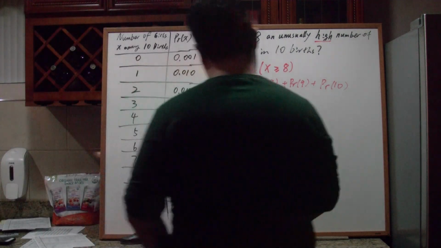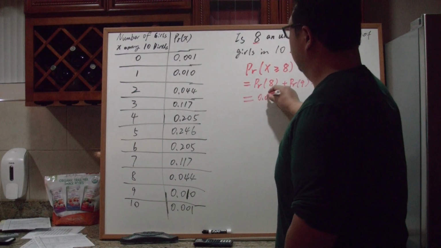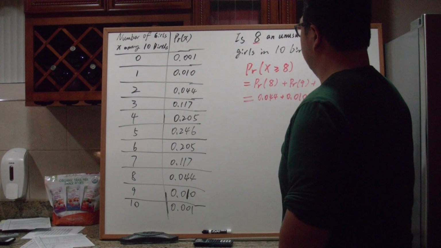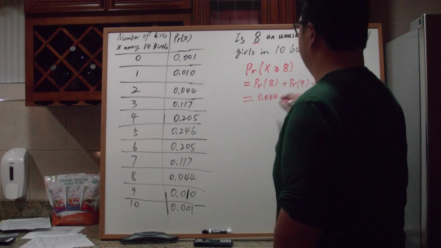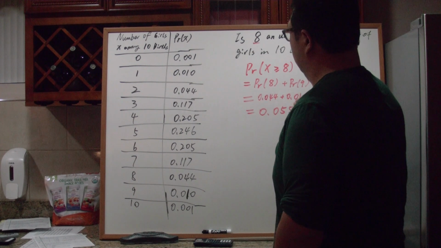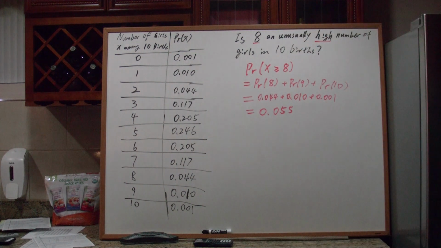8 girls is 0.044, 9 girls is 0.010, 10 girls is 0.001. Adding together, you get 0.055 as the probability of getting 8 or more.